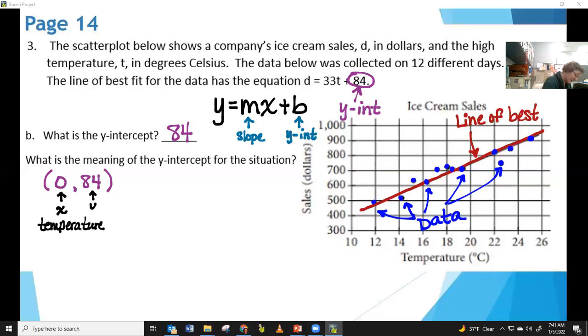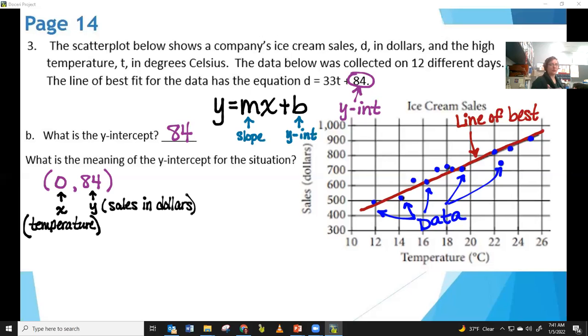That's in the Y spot. And what are we measuring on the Y axis? Sales in dollars, yes. Okay, I know what each part of the ordered pair means.